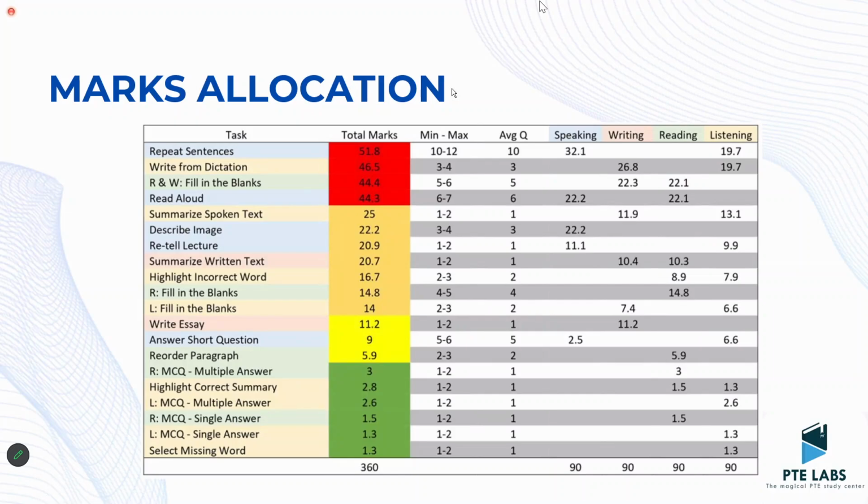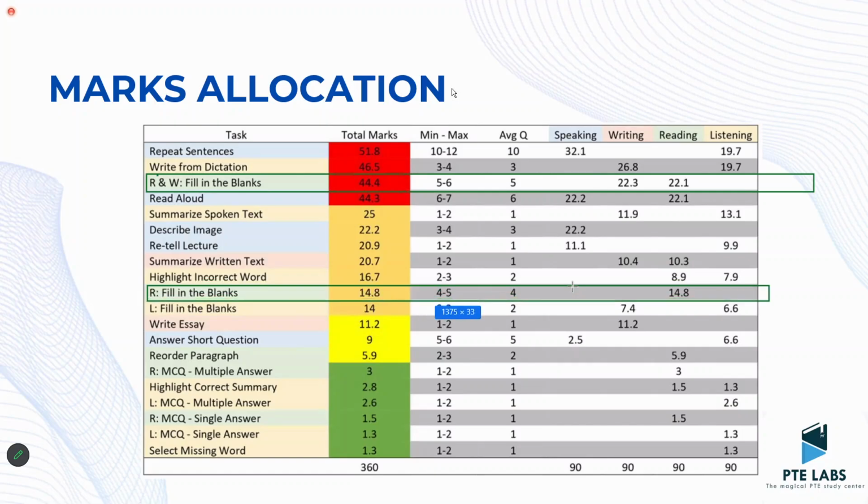Right. Coming back to where we were. We were looking at the marks allocation grid and we've talked about why it is divided into 4 color zones and the purpose of it. Like I said, we are not going to look at all the 20 components, so let me highlight only the reading ones. We have reading and writing, fill in the blanks, which is the first one in the red zone.